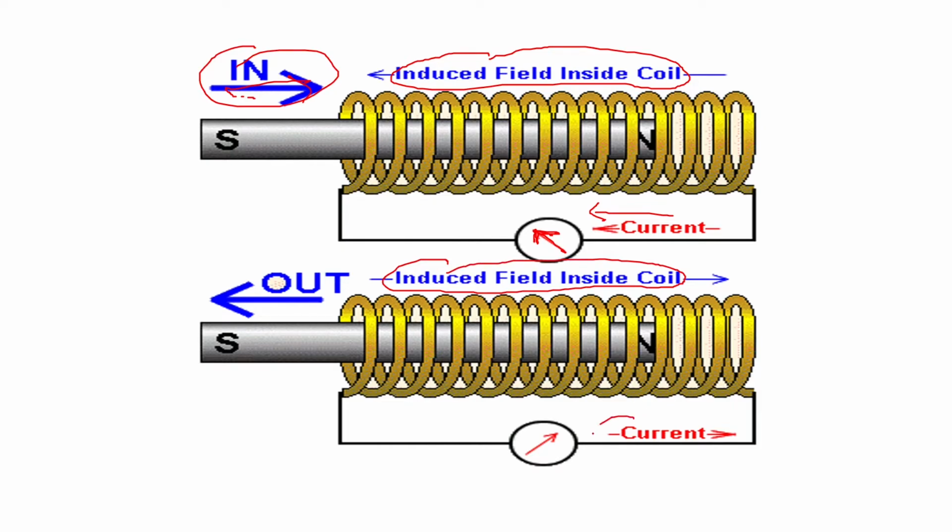In that the current is flowing and the meter is showing that more current is flowing, and in that case the magnetic field developed by the coil creates a force that makes the plunger go outside. So depending upon the voltage induced in the coil and the current flowing, the plunger can be made to come in and go out. This is the basic working of a solenoid.